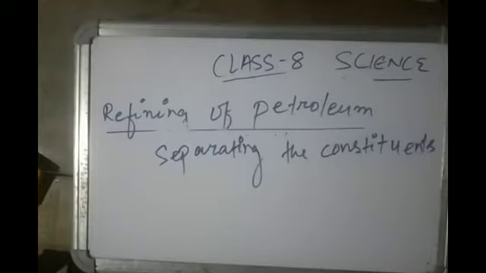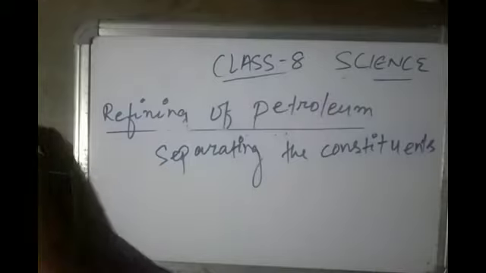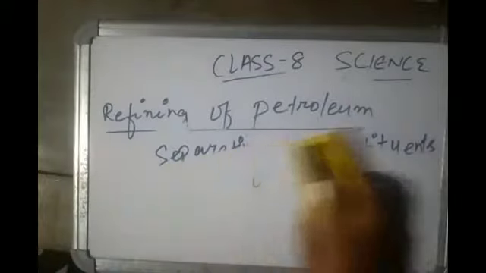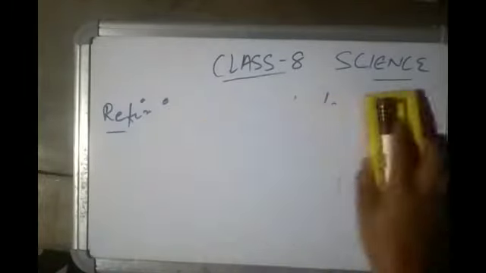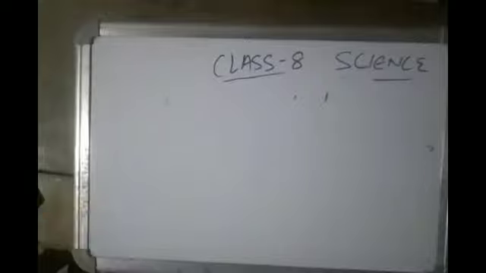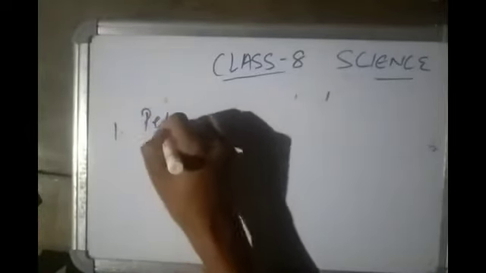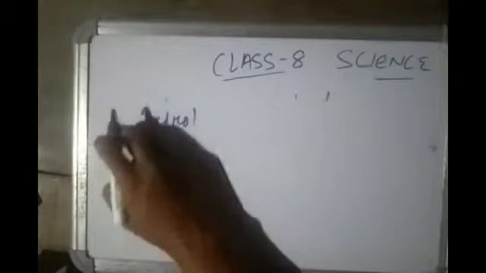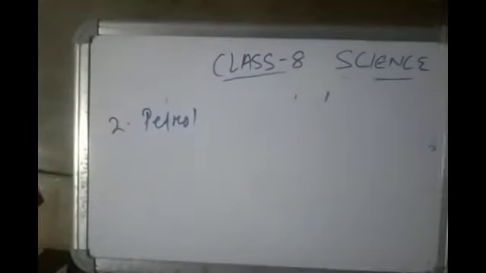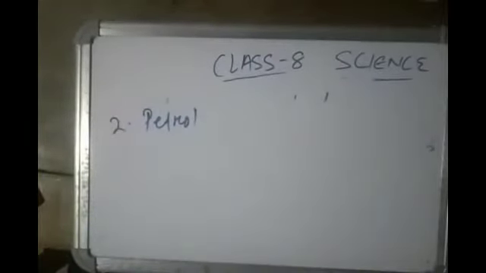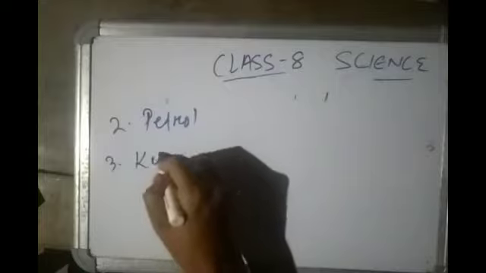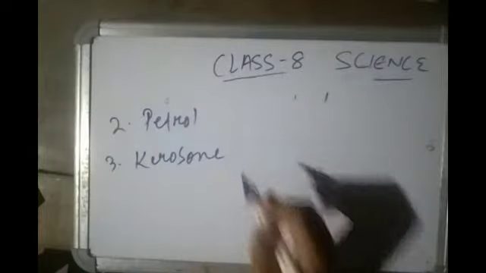When you look at the table given on page number 60, you will find the constituents of petroleum and their uses. For example, petrol, which is given in your table, is used as motor fuel and as a solvent for dry cleaning. Kerosene is also one of the constituents of petroleum.